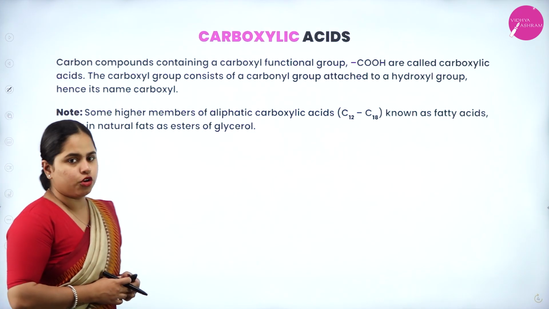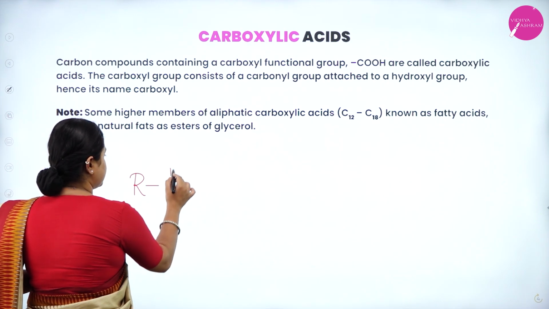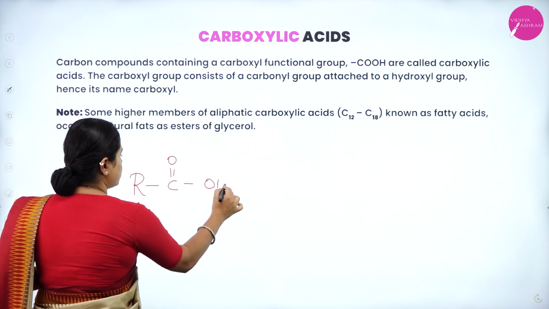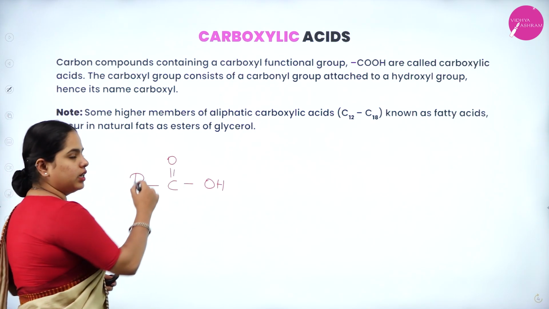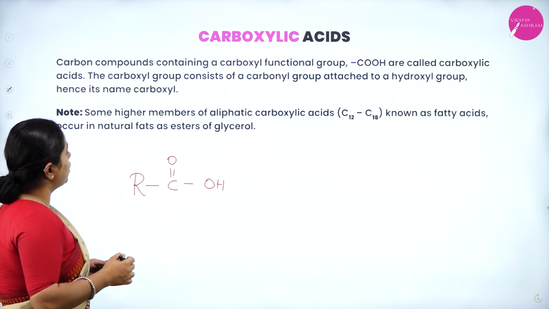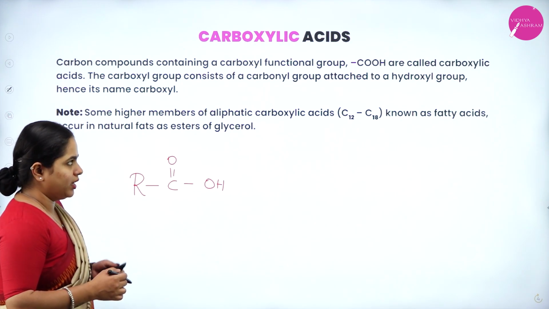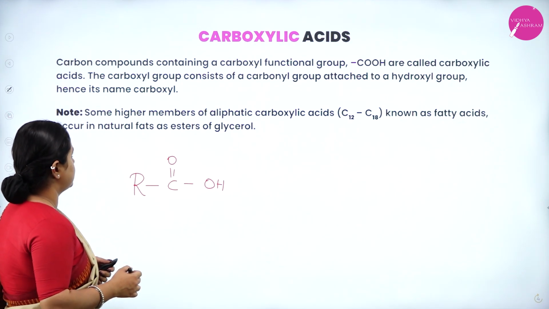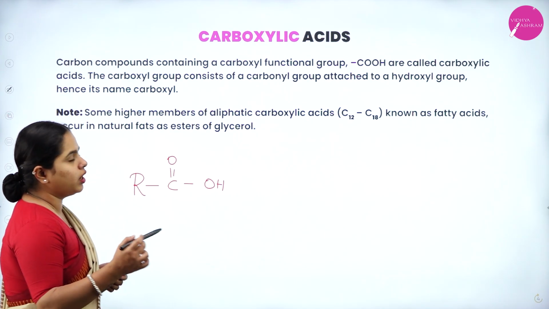Beginning with the introduction to carboxylic acid, the general representation is RC=O OH. This is also a carbonyl compound itself because it has the C=O group. The carbon compounds containing a carboxyl functional group, that is COOH, are called carboxylic acids. The carboxyl group consists of a carbonyl group attached to a hydroxyl group.